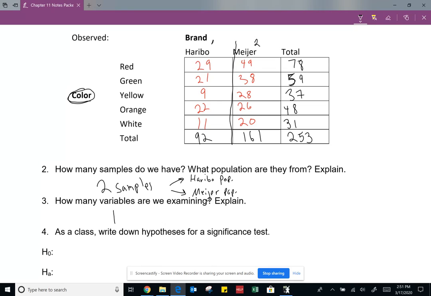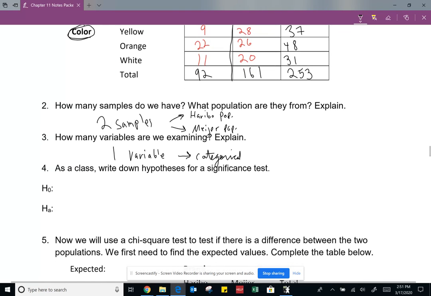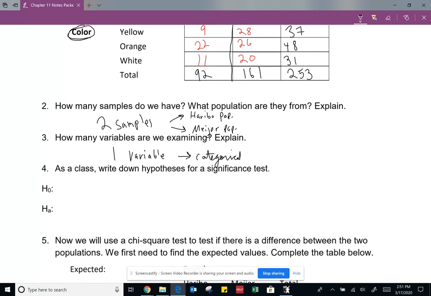Again, we're just examining one variable, and this variable would be categorical. When we're dealing with categorical variables, that's really when we know that we're dealing with the chi-square test. So as a class, let's think of what the hypotheses would be for this.